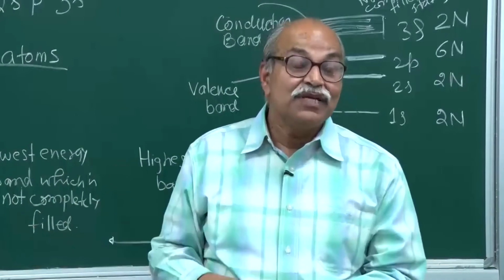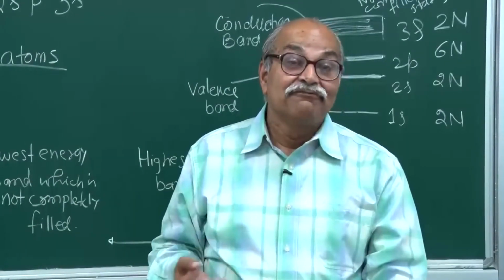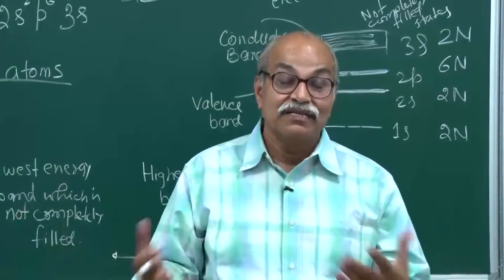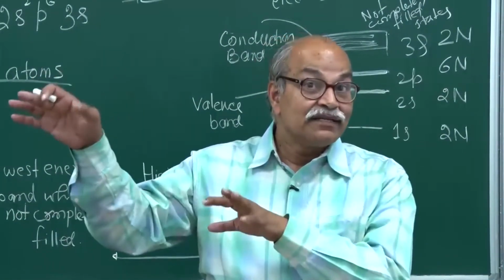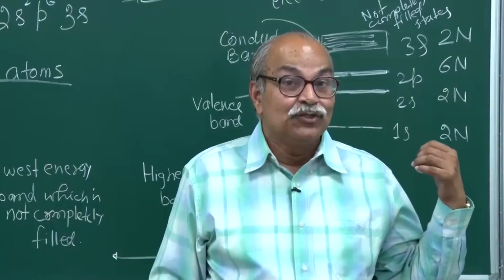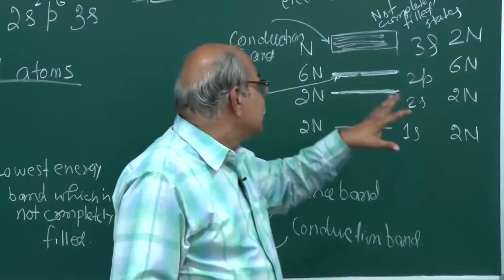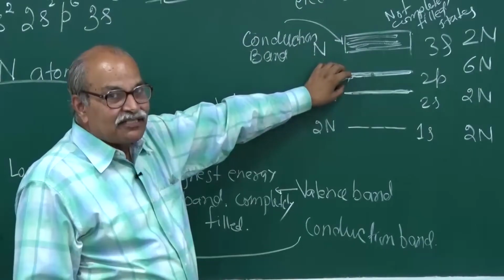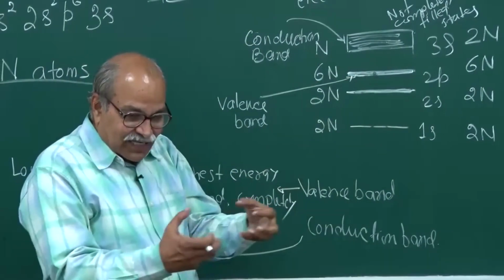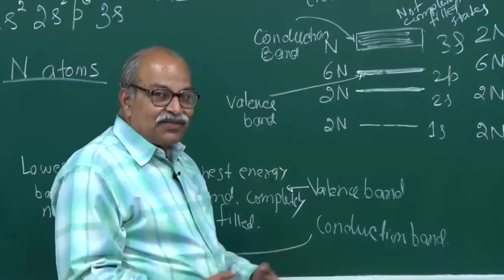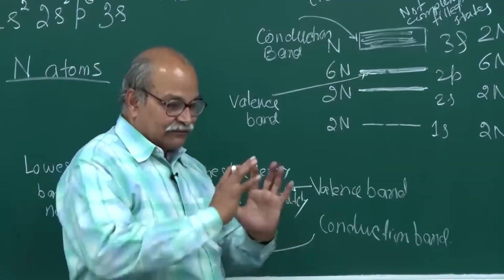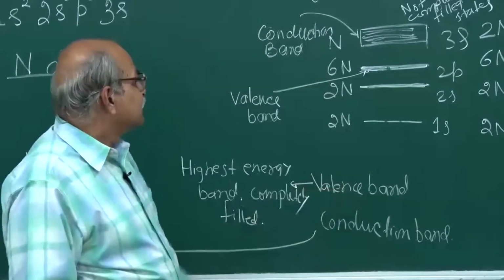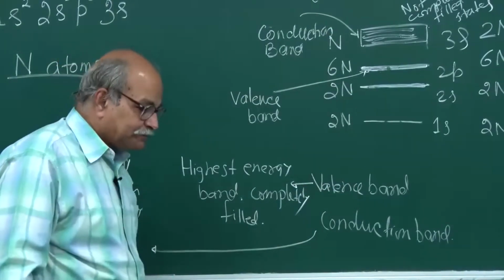That is what we mean when we say these are free electrons, free to move in the entire solid material. This is why it is called the conduction band, and below that you have the valence band. Those electrons are all attached to the nucleus, to the crystal, and the wave functions are more localized. So this is how it happens.